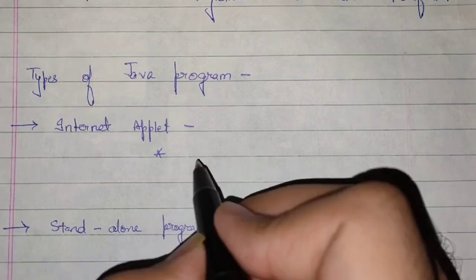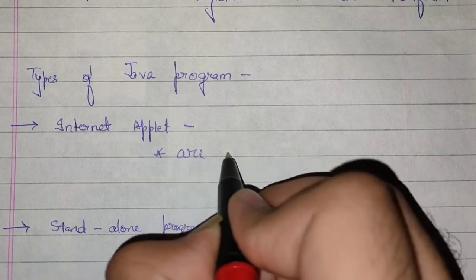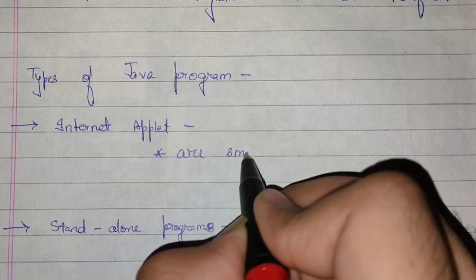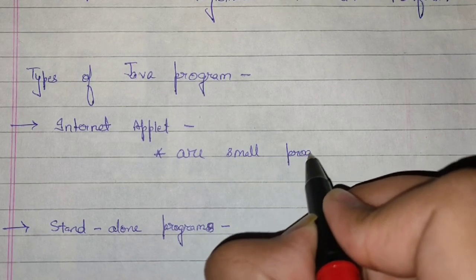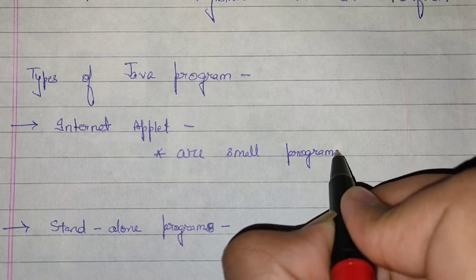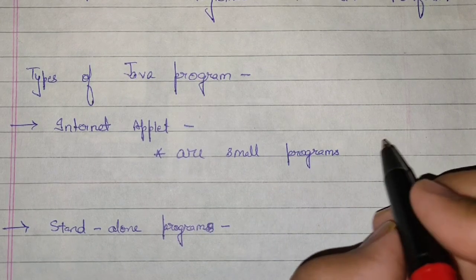Internet Applets are small programs which are embedded in the web pages.